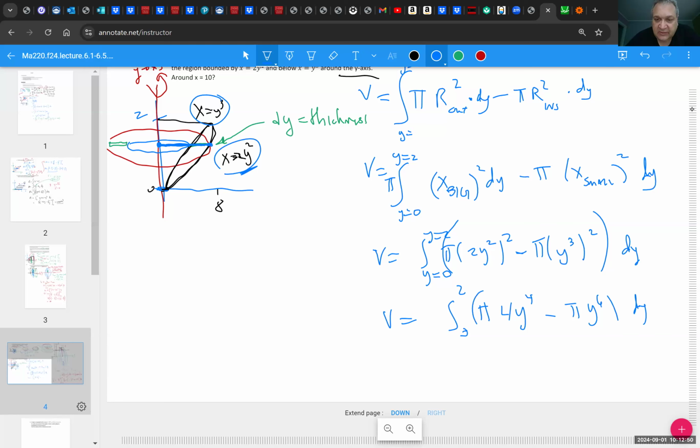Then you anti-differentiate: you get pi times 4y to the 5th over 5, minus pi y to the 7th over 7. You evaluate it by sticking in 2 for y, subtract what you get when you stick in 0 for y, and you get your answer.